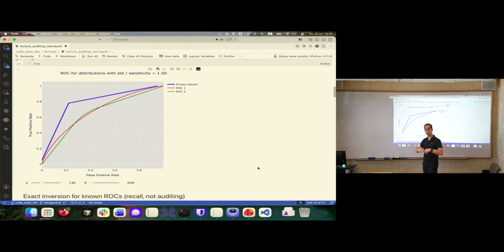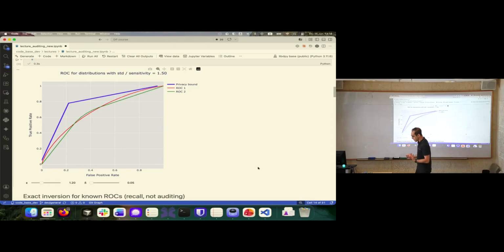So we can also ask not only is this mechanism 1.2 comma 0.05 DP, but actually you can ask for a particular delta, what is the epsilon of the mechanism? Or the other way around, for a particular epsilon, what is the delta of the mechanism?